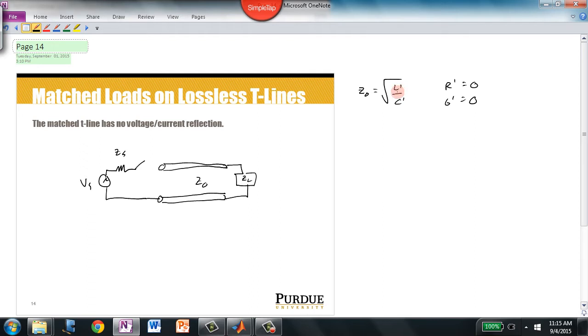You'll also know that L prime divided by C prime, that's going to be henries per meter divided by farads per meter, and that's ohms. And it's a real number, despite the fact that this is a reactance and this is a reactance. The characteristic impedance is going to be real valued. It's going to be a resistance only.